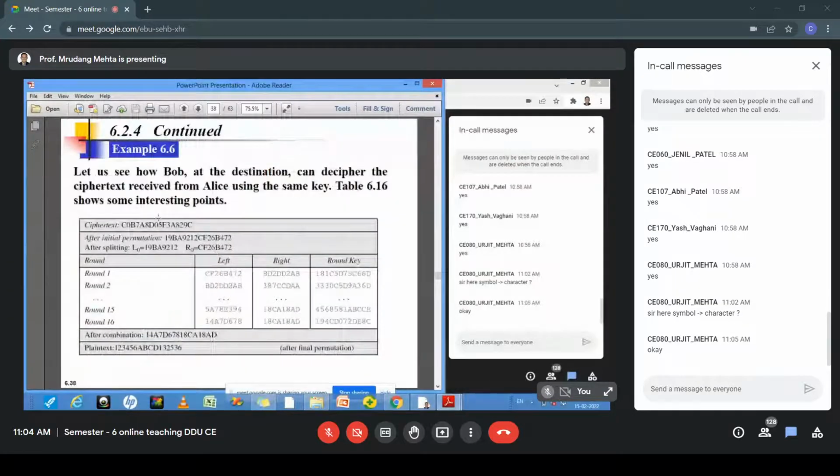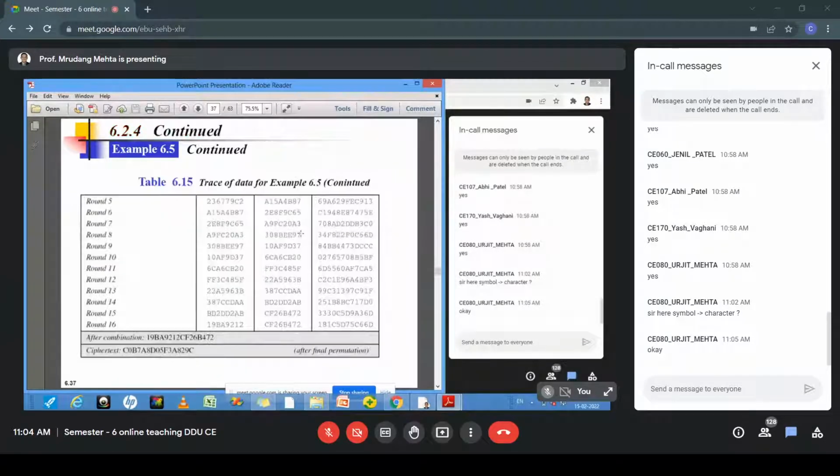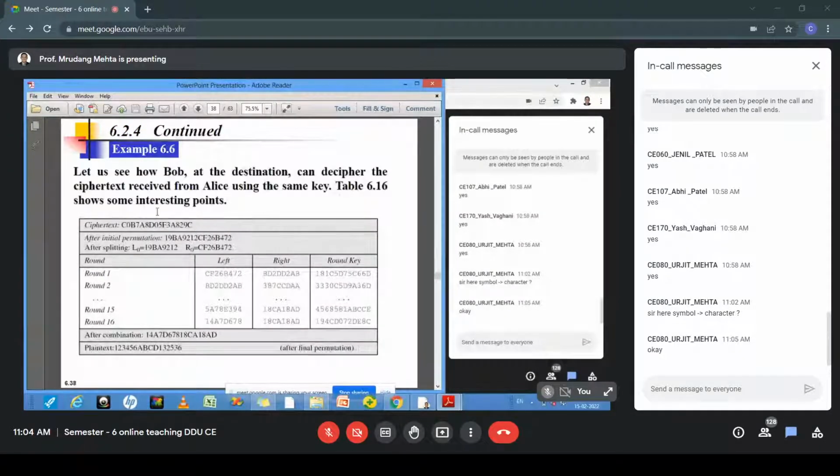Now, we see the second example. In this example, you have a ciphertext. Bob at the destination can decipher the ciphertext received from Alice using the same key. So in reverse, we use the same ciphertext as an input, and we use the same key.